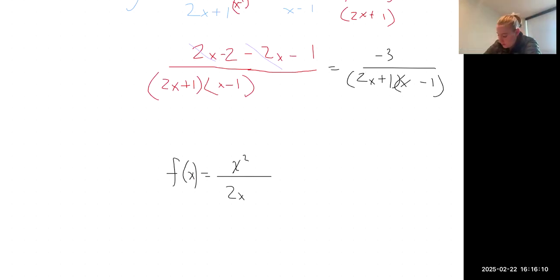All right. So to find all the places where the derivative is undefined or where the derivative is 0, where it would be undefined would be wherever the denominator is equal to 0. So we can set this equal to 0.